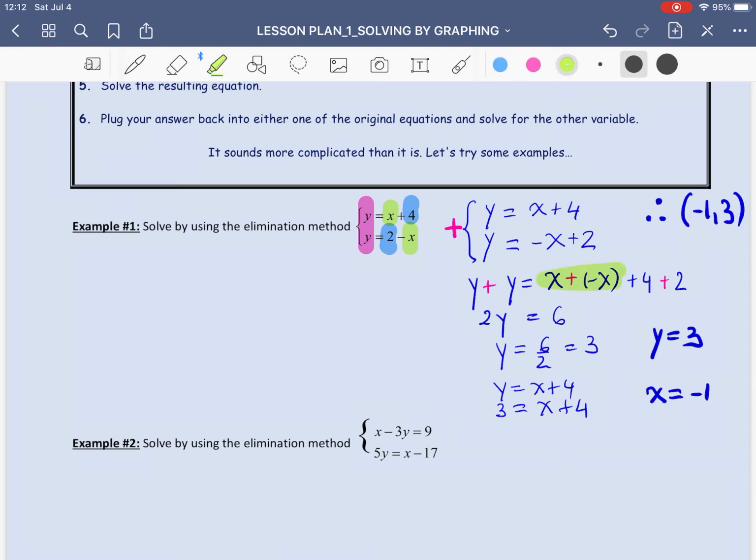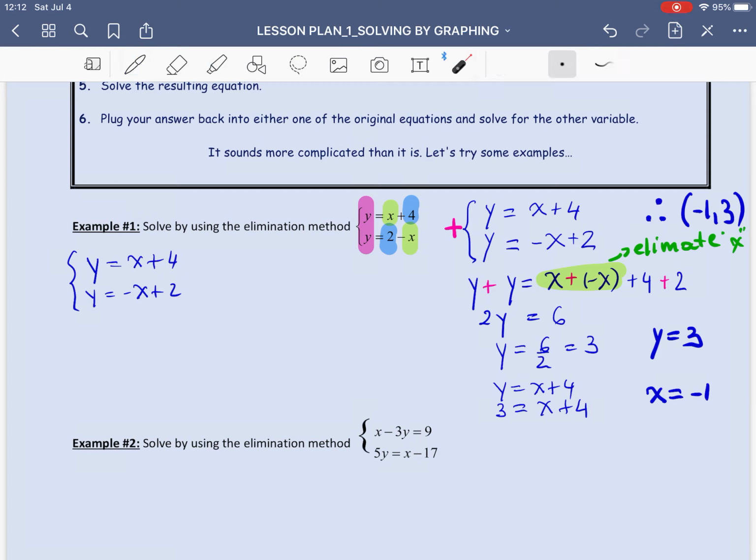Actually, I want to make a note in here that we eliminated x. If we decided to eliminate y, I'm going to rewrite the equations as they were, y equals x plus 4 and y equals negative x plus 2.